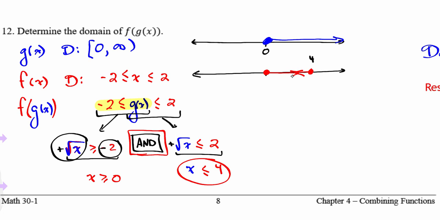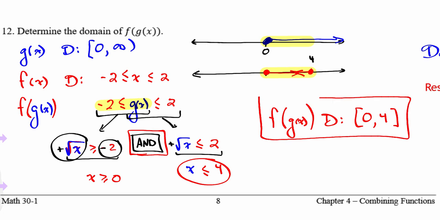Whether or not I recognize that, the overlap of these two inequalities is this section here. That's the overlap, which means that the domain for f of g of x is going to be from 0 up to 4, including the endpoints.